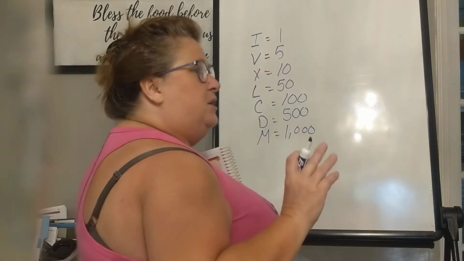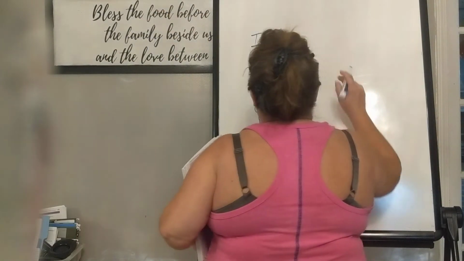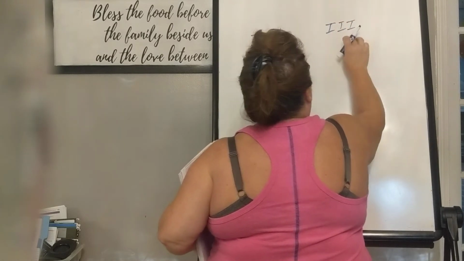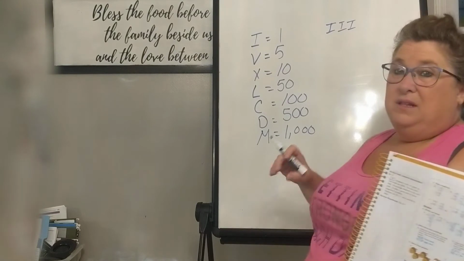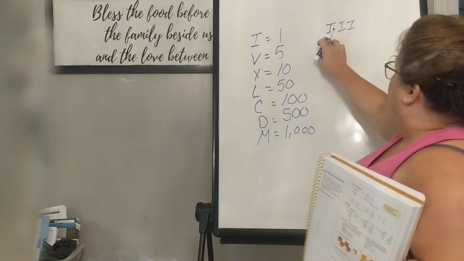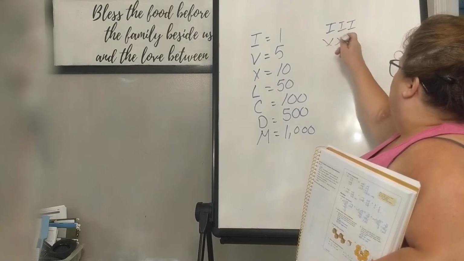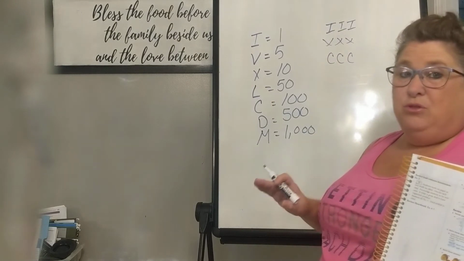The 3 rules that you have to remember: the first is you can never use the same letter more than 3 times in a row. You can use it several times in the same number, but not more than 3 times in a row. I, or X, or C cannot be any more than 3 times in a row.